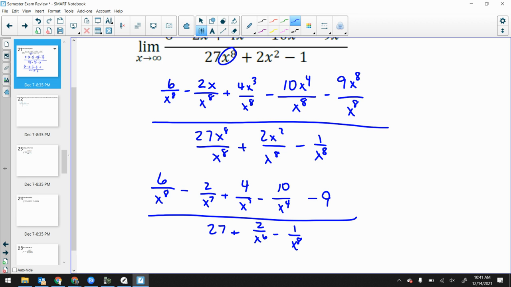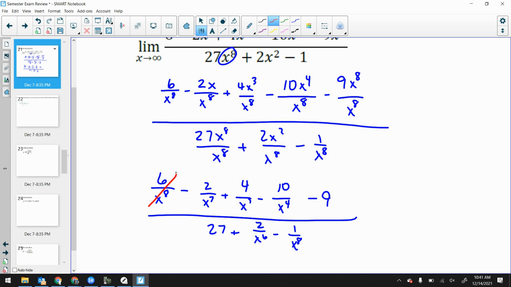But the moral of the story is that if I make all of the x's go to infinity, which is the reason why we divided by the biggest power, what's going to happen? 6 over a big number is going to eventually turn into what? 0, right? It's going to get smaller and smaller until it's negligible.